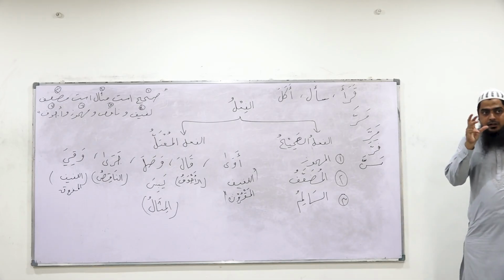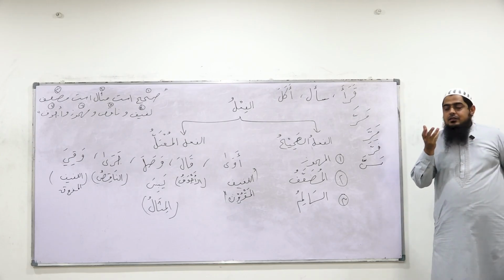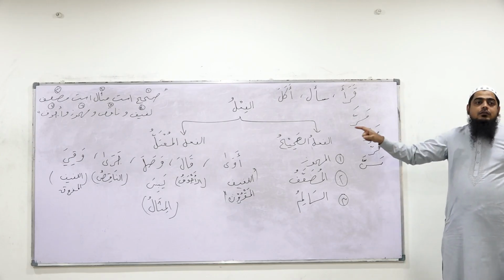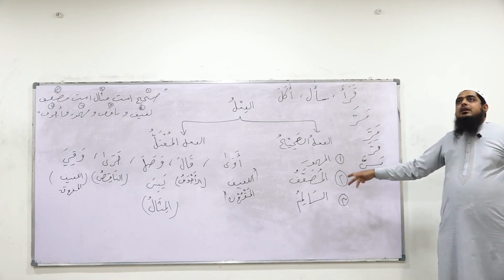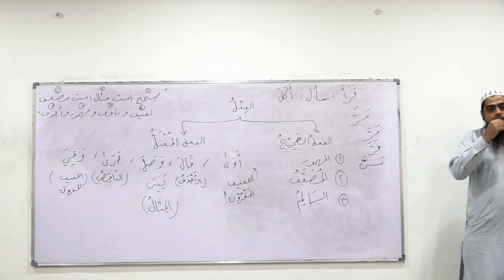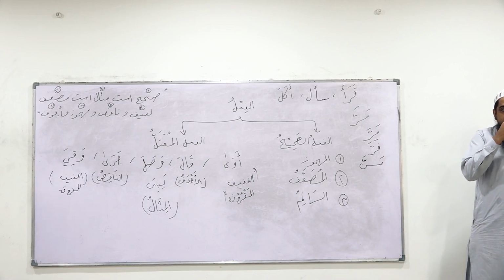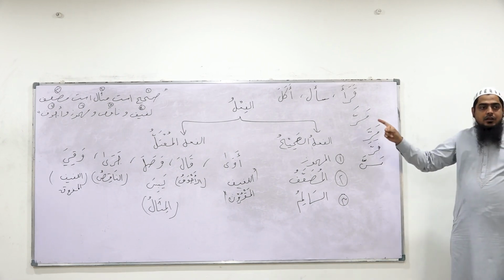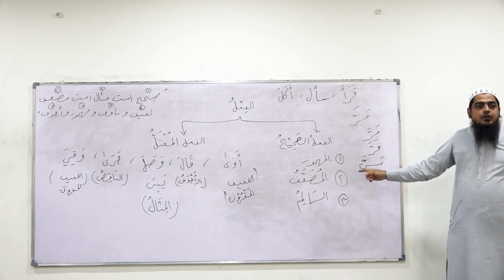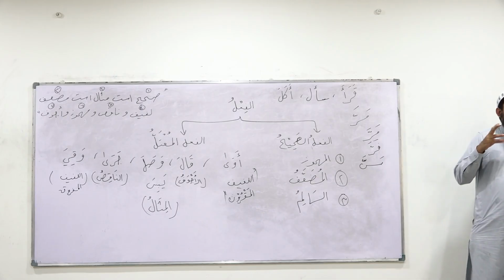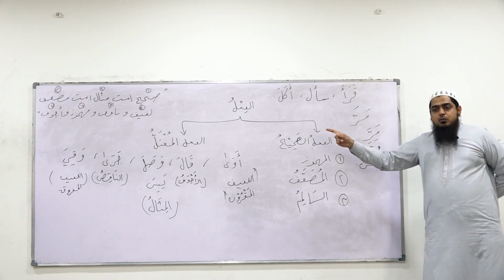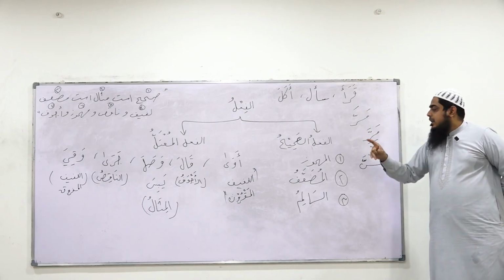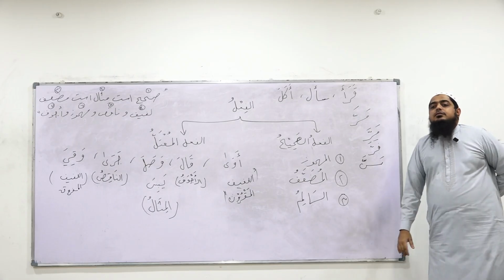See, some fi'l will be mu'tal, but it will also be mudha'af. A fi'l is mu'tal, but is part of mudha'af. Can you remember any fi'l which is mu'tal, and it is also mudha'af?